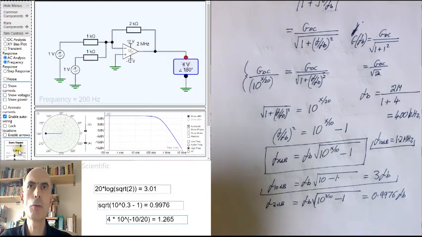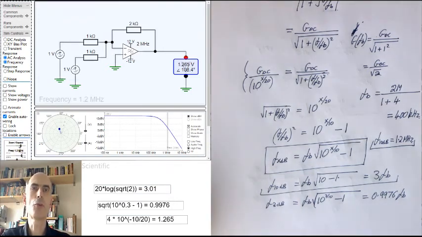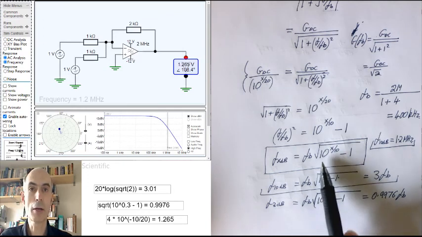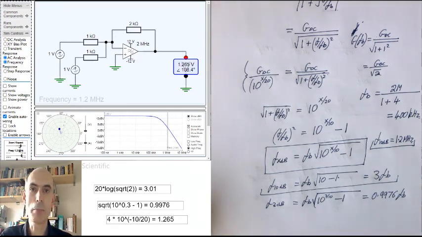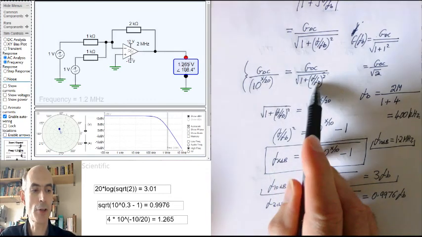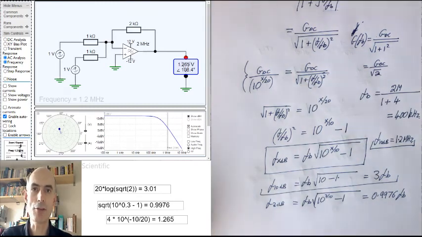And at 1.2 megahertz, it is spot on, 1.265 volts. And this one, of course, is precise, because we haven't had to make the approximation that 10 to the power of minus 0.3 is around about 1 over root 2. At 3 times FB, the gain really has dropped by 10 dB.